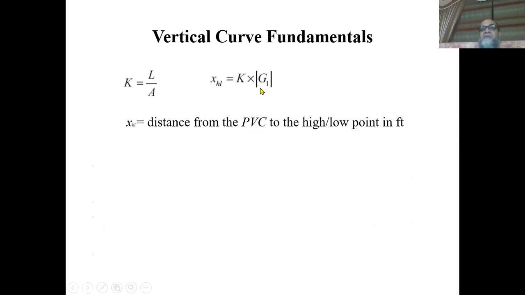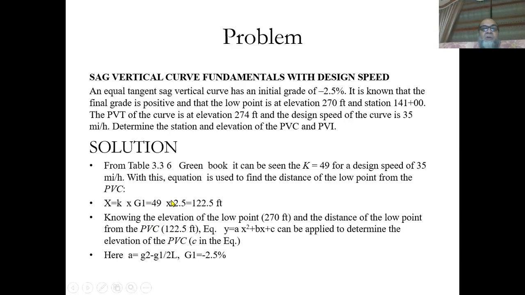So even if you don't notice that this is a modulus, you just have to ignore the sign of G1 while calculating X. So we calculated X, and since we know the elevation of the low point and the distance of the low point, we can always find the elevation of the PVC from the basic equation.